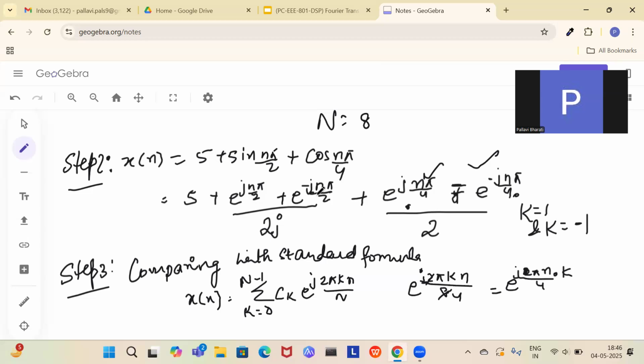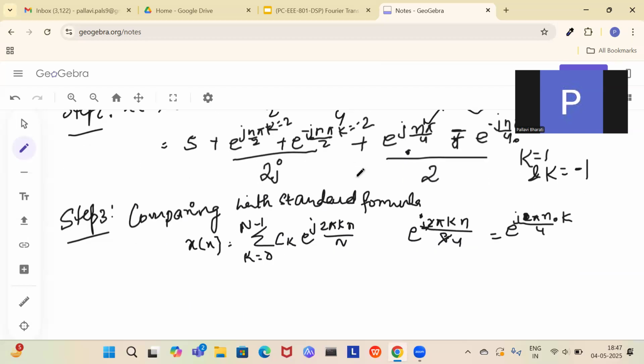For this case, what should be the value so that you get 2 over here? If you put k equals 2 and -2, what you will get is e^(jnπ/2). In this one, if you put k equals 2, then you get e^(jπn/2), which is here. So this is for k equal to 2 and this is for k equals -2.